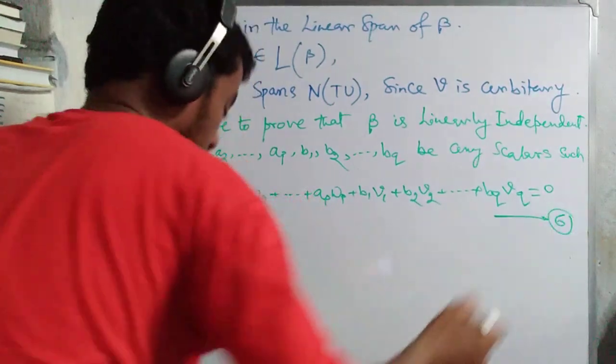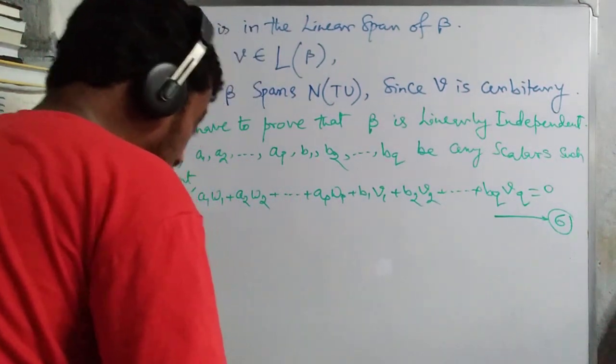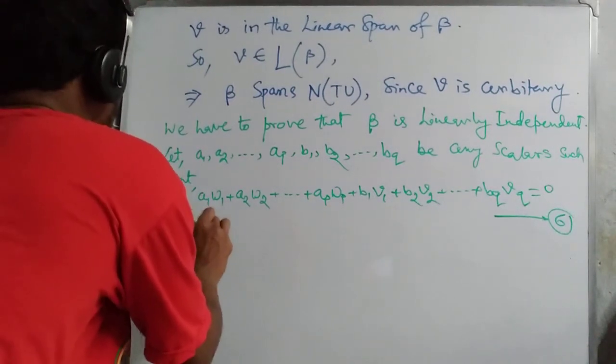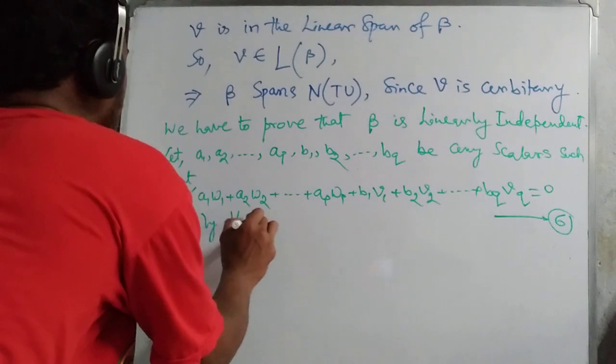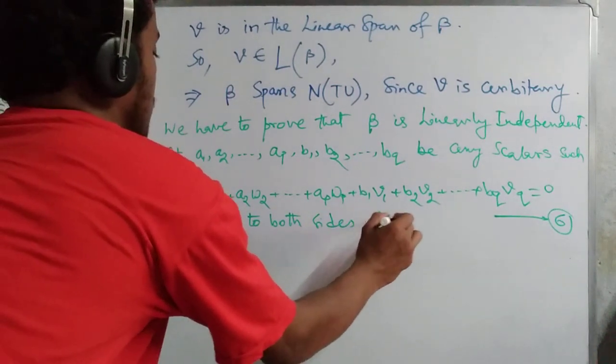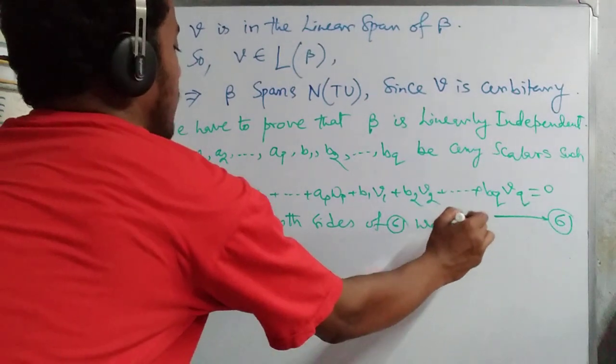We mark this relation 6. Now we apply U to both sides of 6.